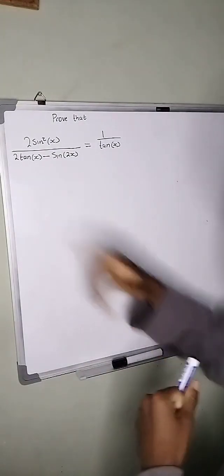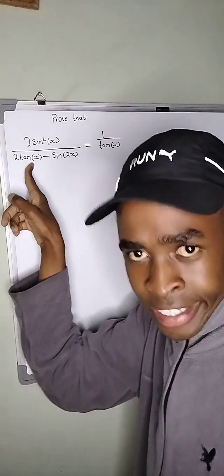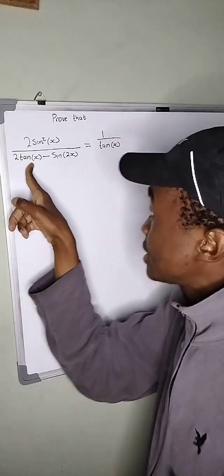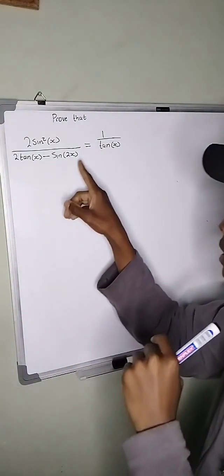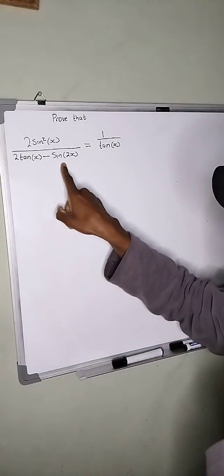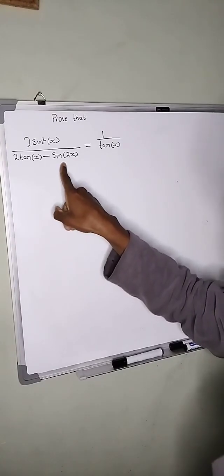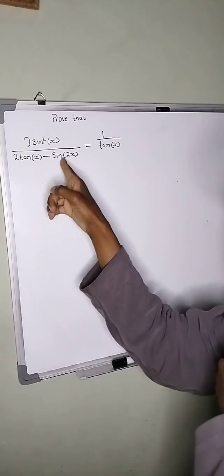So now, what are we going to do? I'm going to start by changing the tan, and try and see what I'm going to do. But obviously, I have to change this guy also. So how am I going to change this guy? I'm going to change this and I'm going to change that.